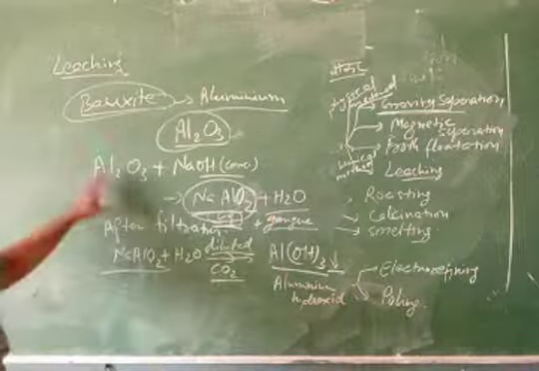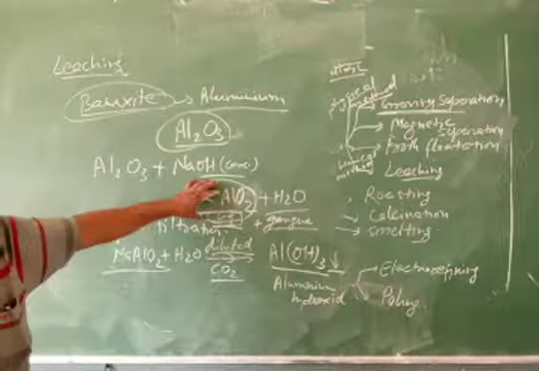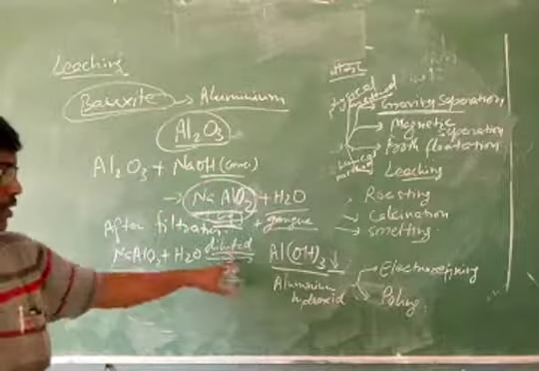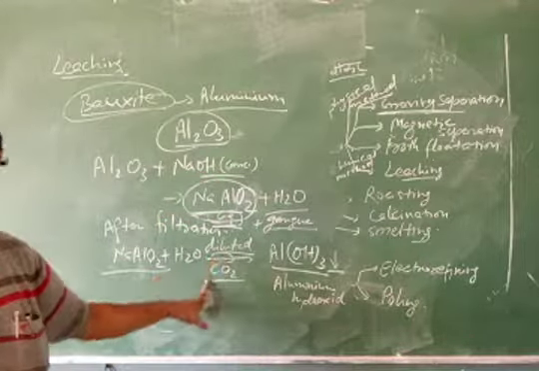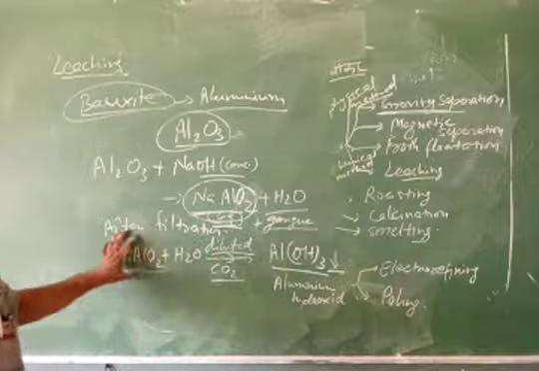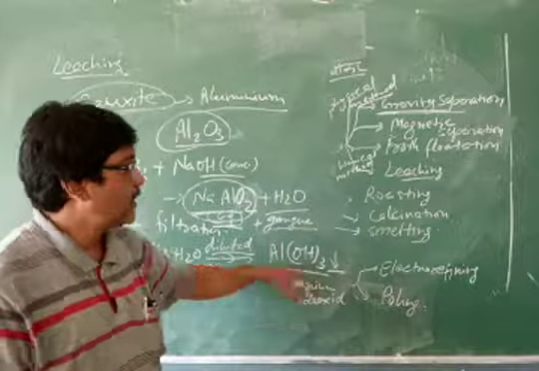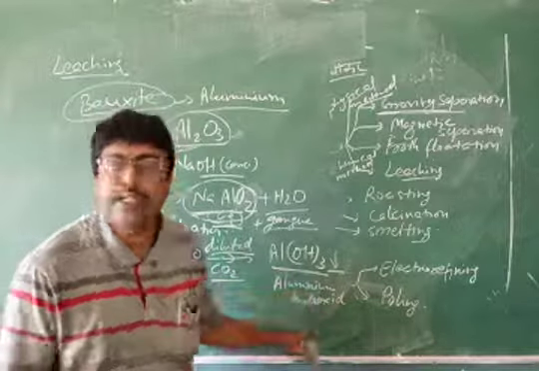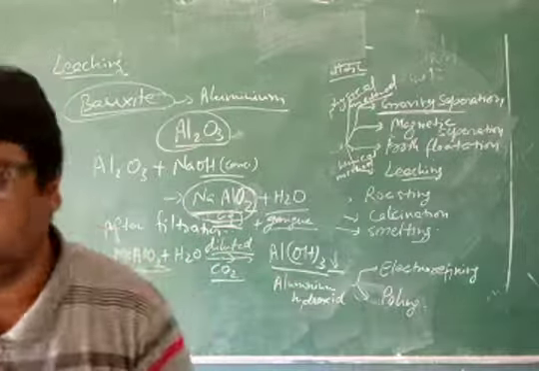That means it is in solution stage, then you dilute it and introduce a flow of carbon dioxide, so it is precipitated as aluminium hydroxide.